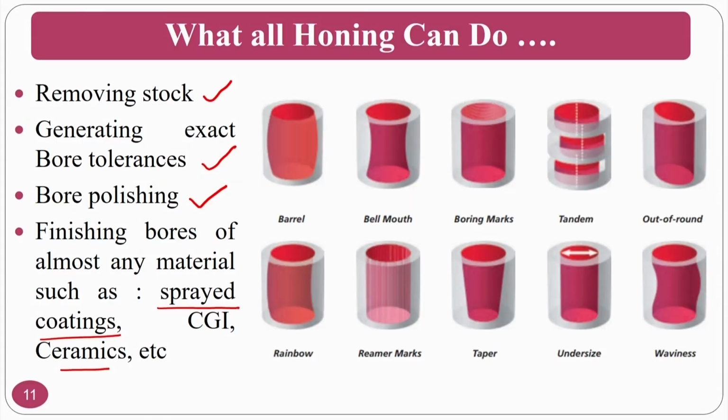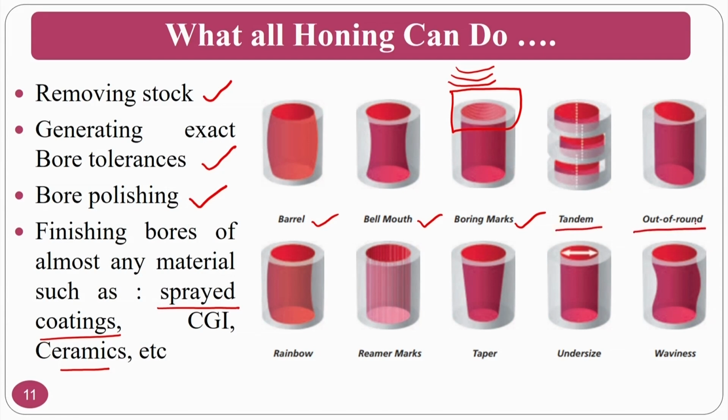It can correct many things like barreling, bell mouth, and boring marks. Assume that if you see here in this particular region, you will get boring marks like this. Boring is like a turning process internally in a hollow cylinder. Okay, these things, and taper, and others like out of roundness.